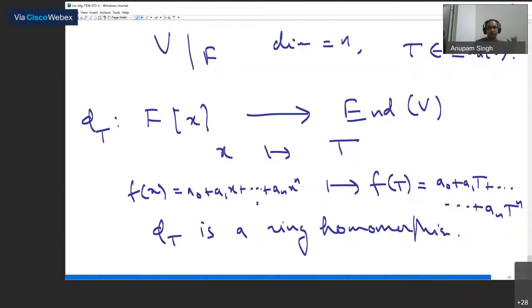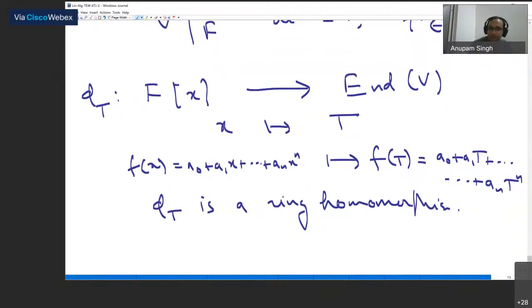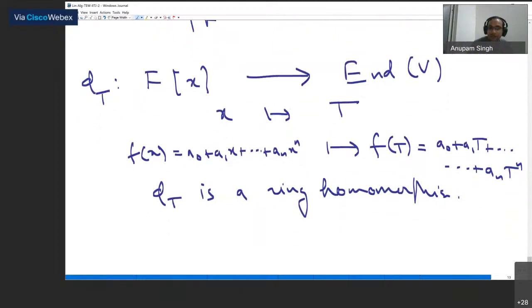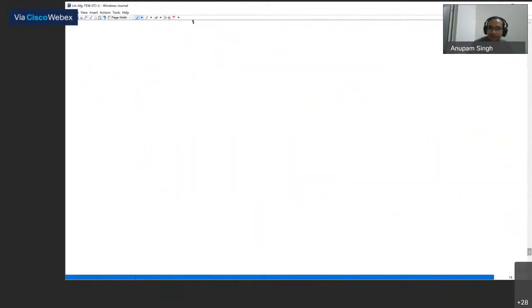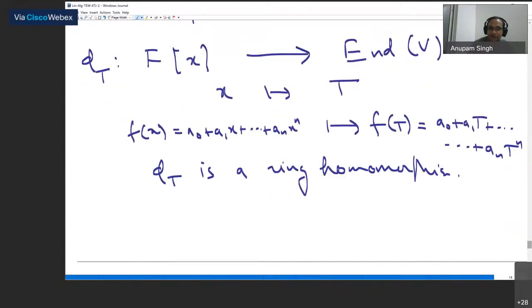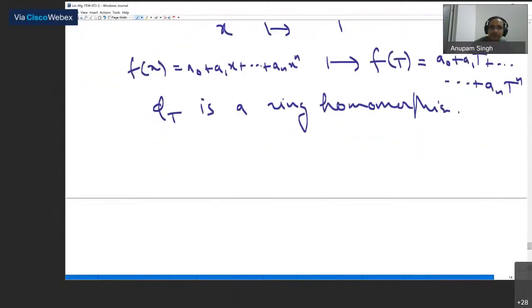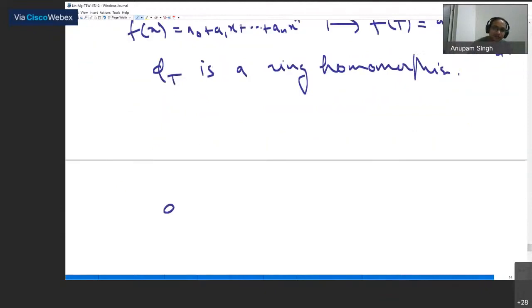If I have polynomial f(x) times g(x), f(T) times g(T), you can check easily that it's a ring homomorphism. Now, what does that mean here? So we want to get into the context. So first thing, notice this, that phi T is not injective. It cannot be injective.